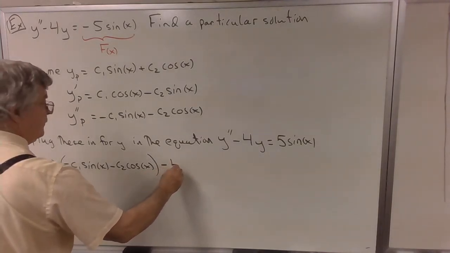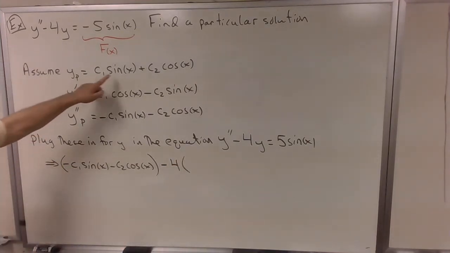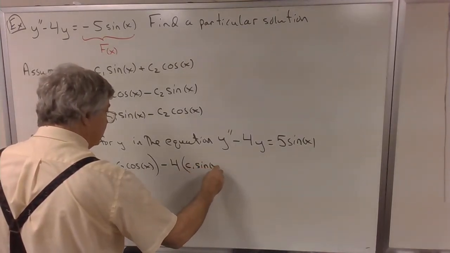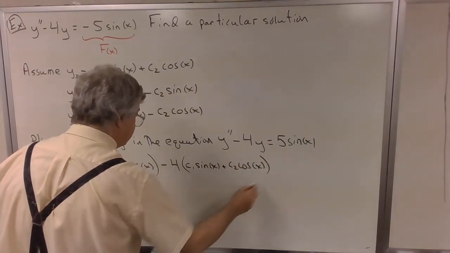minus 4y, c1 sine of x plus c2 cosine of x.